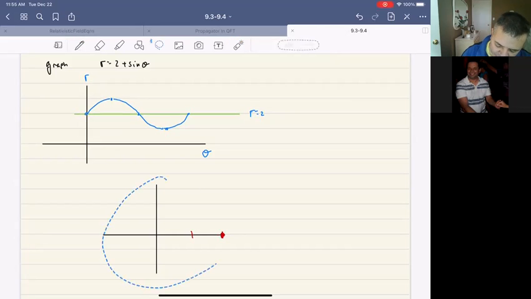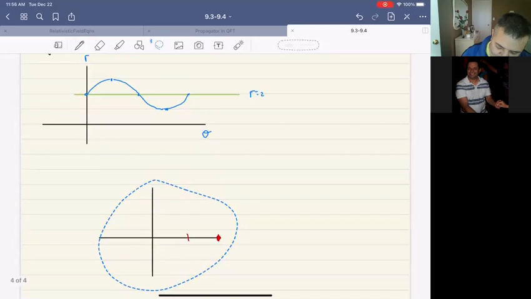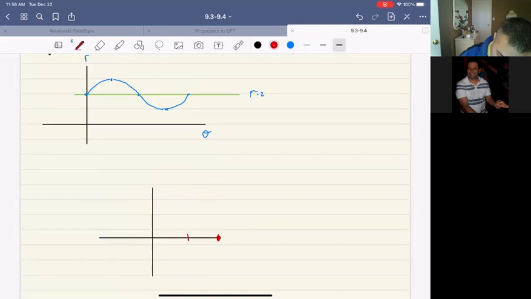So one, two, 3. Let me make that blue. It's going to be out a little farther. Let me make this a little bit more exaggerated.